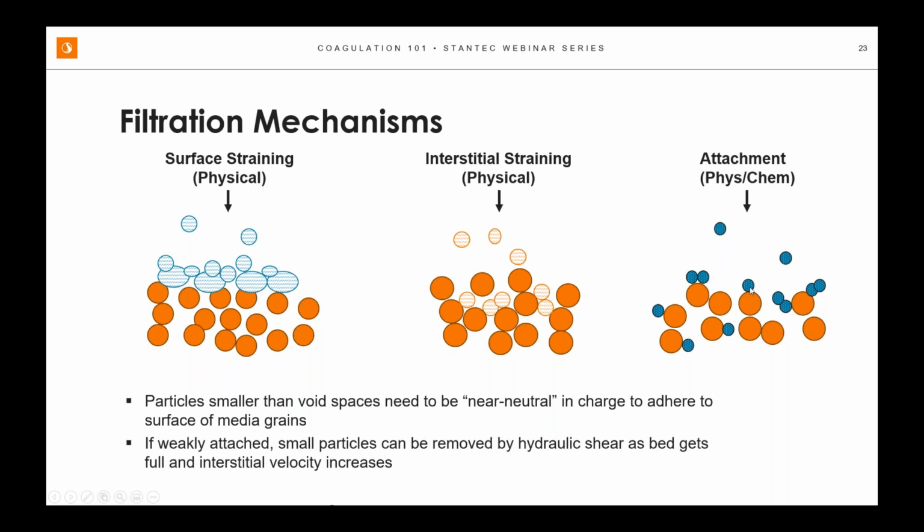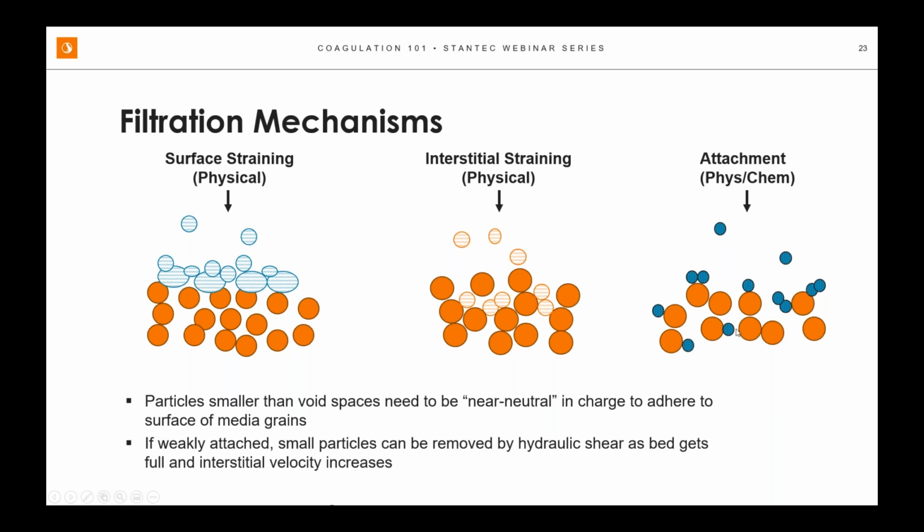So we need to neutralize the charge on these particles, and we make them bigger through flocculation and coagulation, but it's this physical chemical attachment to the media that's really going on in a media filter. Okay, so we need these near neutral charge particles to adhere to the grains.